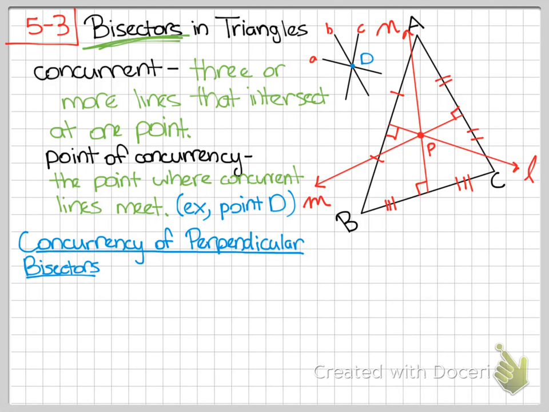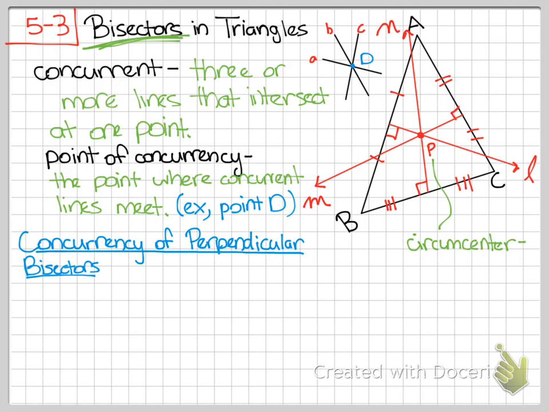So perpendicular bisectors have a point of concurrency. Those three perpendicular bisectors will always intersect at one spot, which is pretty neat. And we call that spot the circumcenter. So here, point P is called the circumcenter of the triangle.